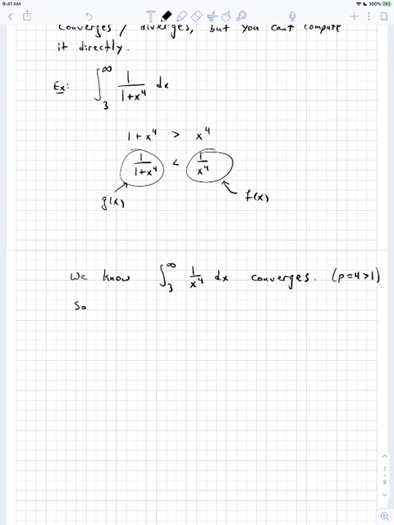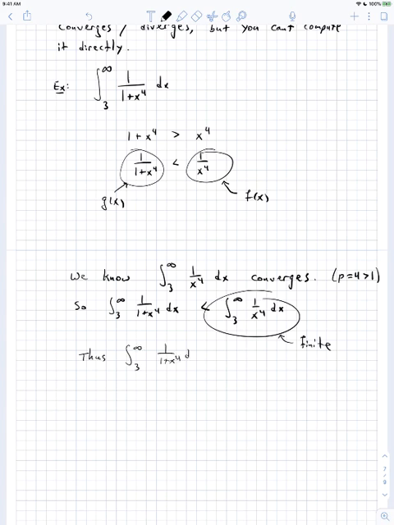So the integral from 3 to infinity of 1 over 1 plus x to the 4 dx is smaller than the integral from 3 to infinity of 1 over x to the 4 dx. And we know that this one's finite. So that means the integral from 3 to infinity of 1 over 1 plus x to the 4 dx is finite too. So it converges.